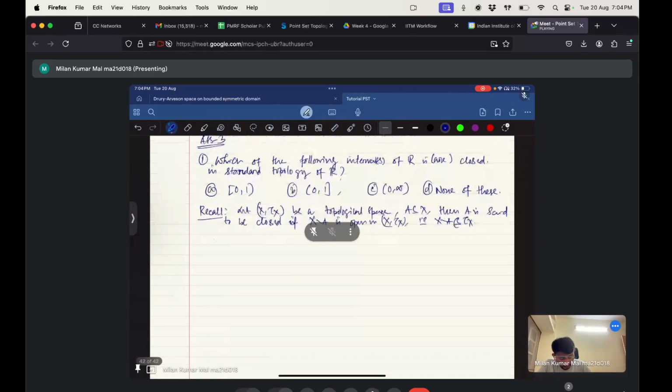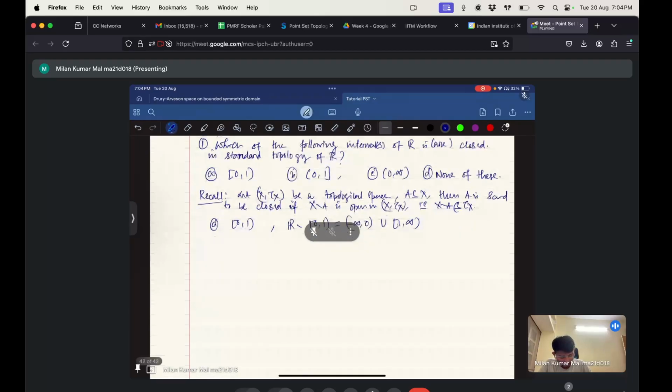Now let's check option A. Whether this is closed or not, how can I check? If the complement is open. Now R minus [0, 1) equals (minus infinity, 0) union [1, infinity). We know that open sets in R are basically open intervals and their unions.